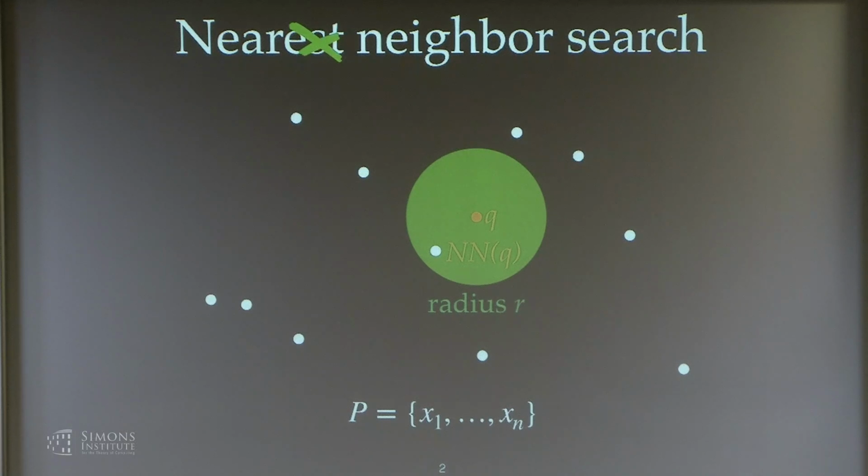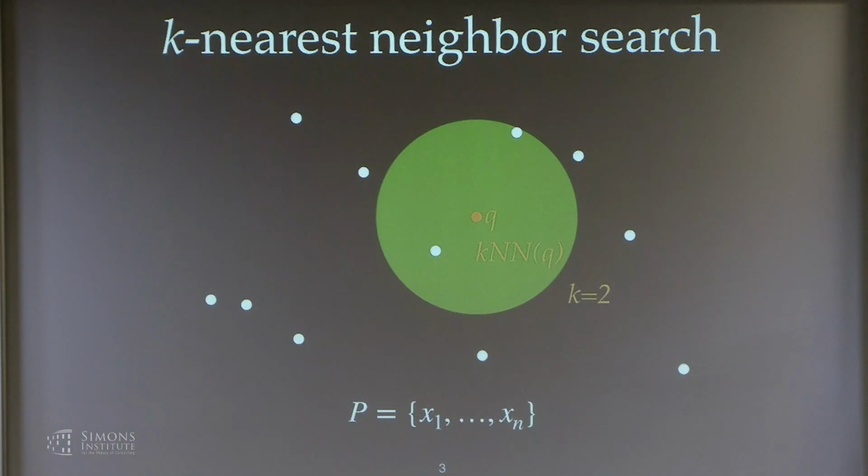And the k nearest neighbor search problem is just the generalization of the nearest neighbor search, where you want to report not one near point, but k near points. I'm going to focus on k equals 1, but basically all of the things that I'm going to tell you generalize to the case where k is large.